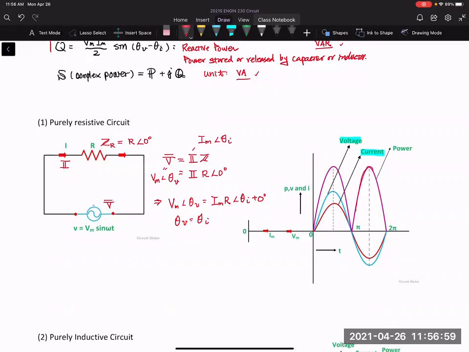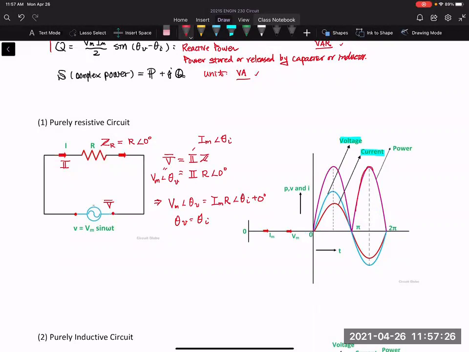It doesn't go up and down because it's a square, and that represents the power. Now, the pure resistive circuit is the simplest circuit, and it is the circuit that we analyze quite a bit. There's nothing really to worry about. The thing that people make mistakes on is the reactive power.